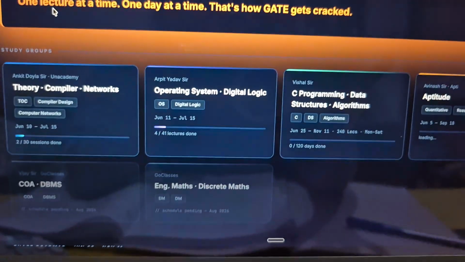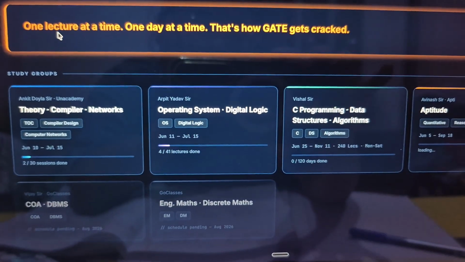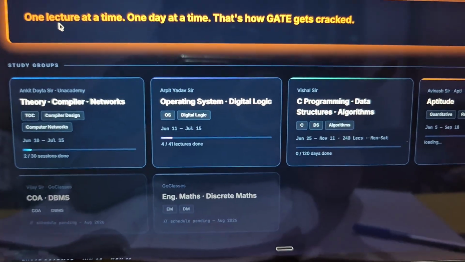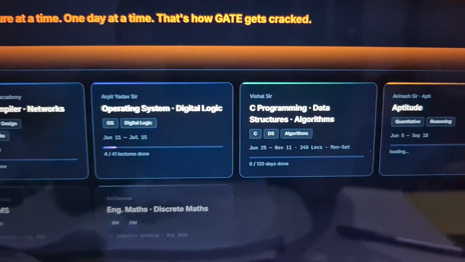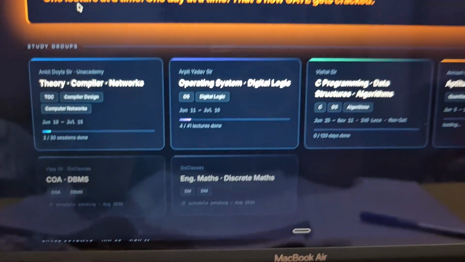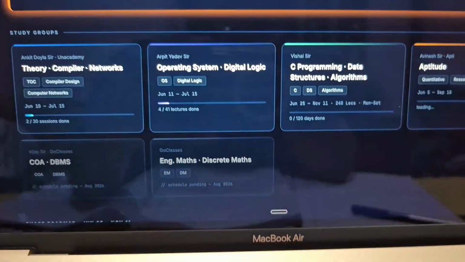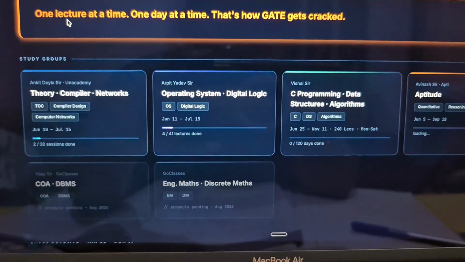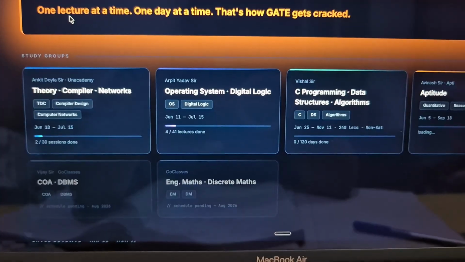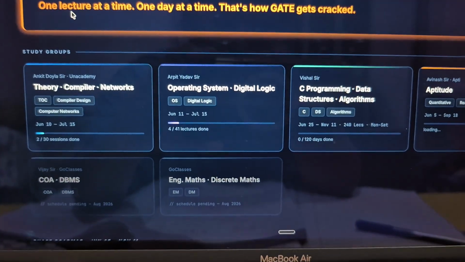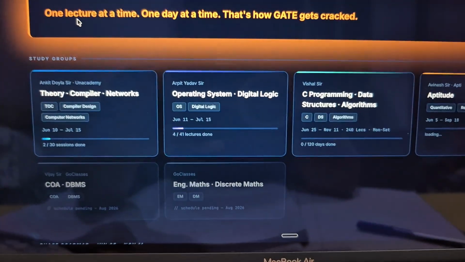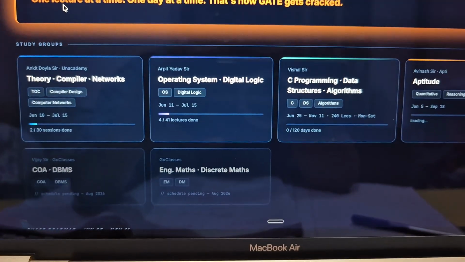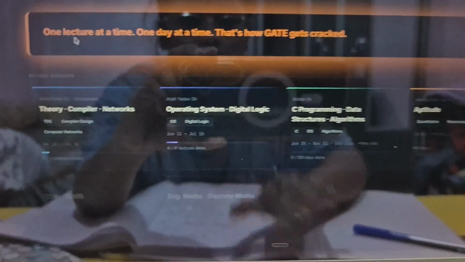Once you start mocks, that's a different thing, but still, pushing means you are pushing every day for yourself, putting in extra hours, solving some tough questions. Right now we are only completing the syllabus, but yes, we'll be solving questions soon also. Whatever is taught in class, we need to solve those questions first and then go for PYQs. That has been my plan, and I suggest you guys also.